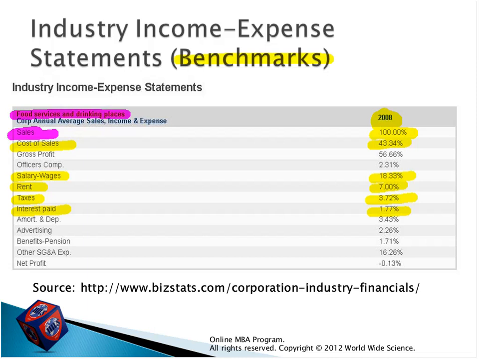And here I'm giving you just one example, based on food service and drinking places, from 2008. This is an industry income and expense statement, and we can see by the vertical analysis what percentage of each item of expenses is taken in a certain base of sales.